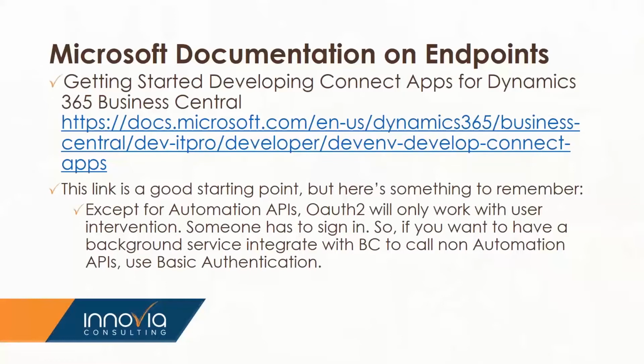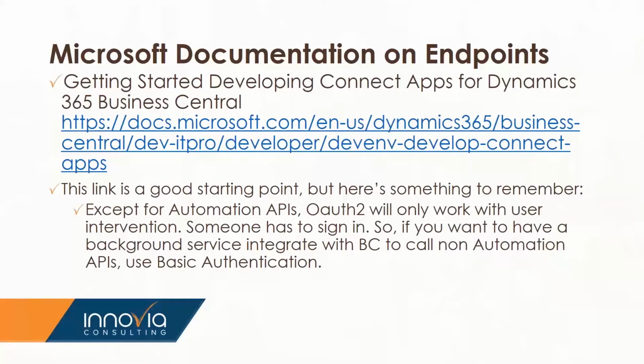There's a mention on that page about OAuth 2, and they recommend that you use that for connecting to production. But they don't specify on that page that it can't be used for service to service.